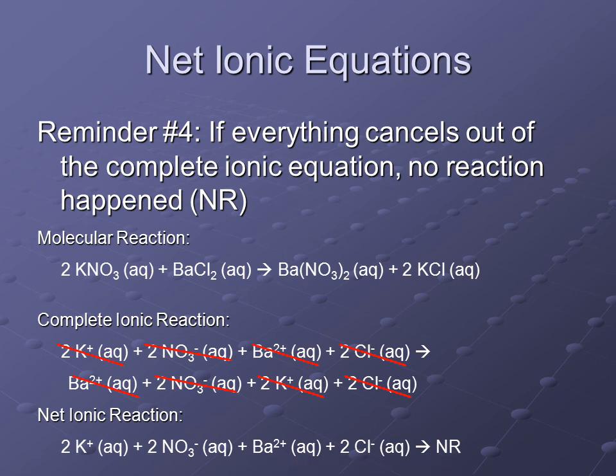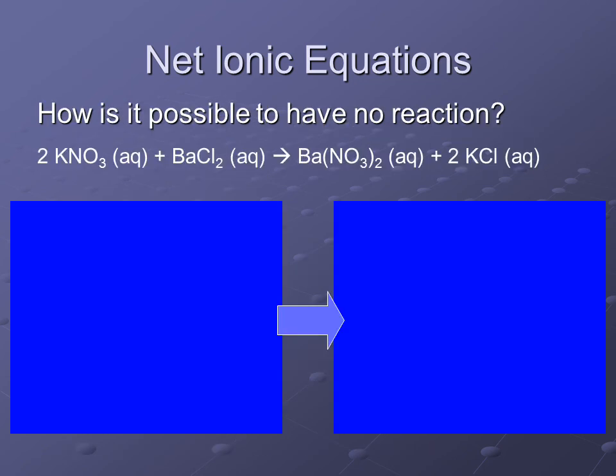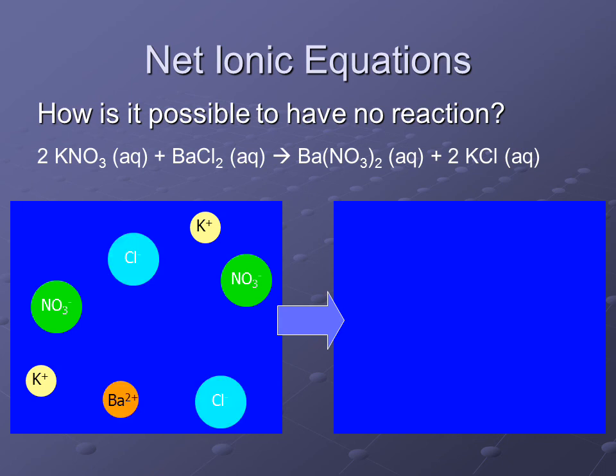Okay, so how is it that we're mixing chemicals, and when we look at it one way, in other words, as a molecular reaction, it kind of looks like we have a reaction, but when we actually look at it in more detail, we, in reality, have no reaction. So looking at this graphically the same way we did before, in potassium nitrate, you have potassium ions and nitrate ions. You also have barium ions and chloride ions.